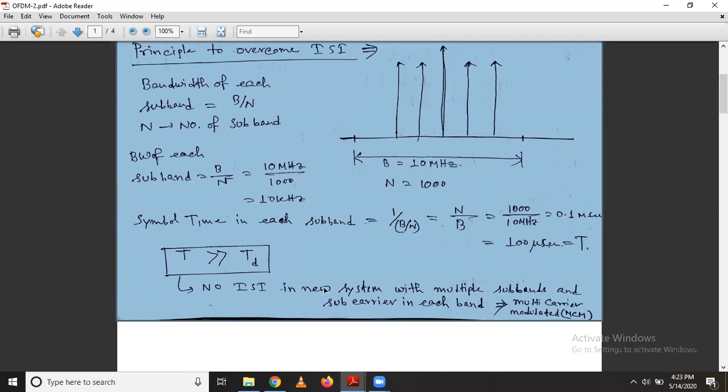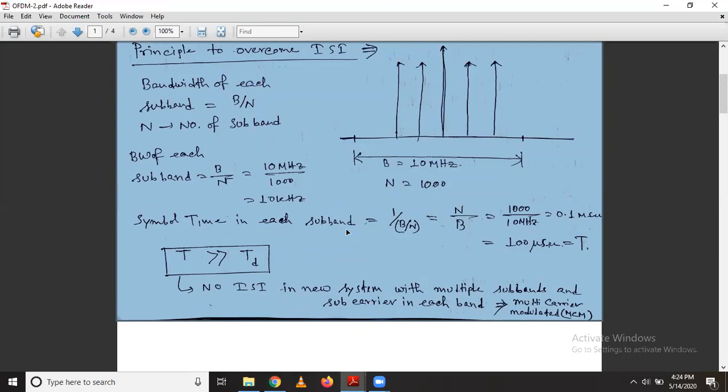The whole band of frequency is divided into subbands, that is why it is frequency division. So the whole bandwidth is divided into N number of subbands.